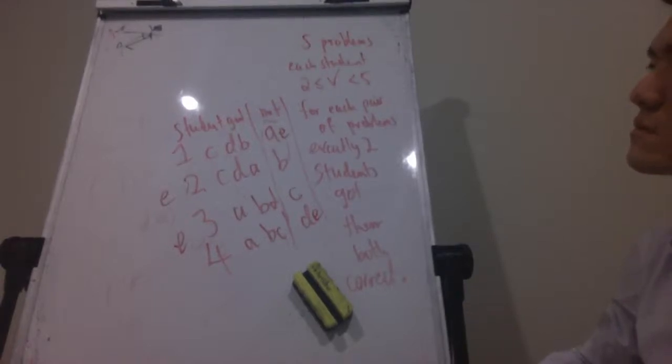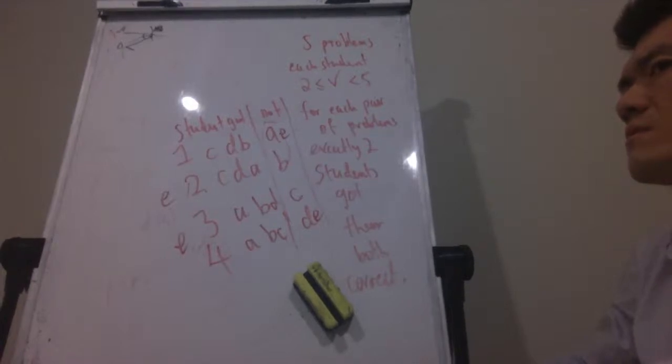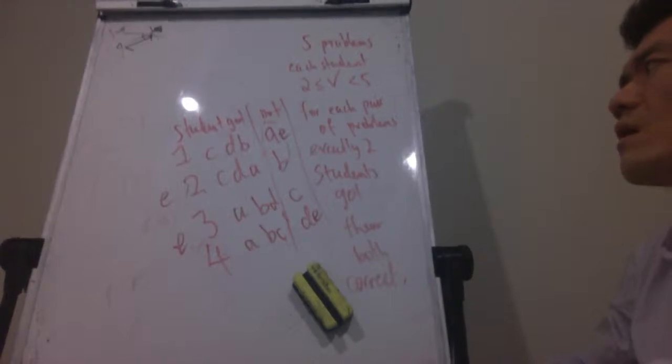If you try that, you realize that if you have 3 students who did 4 problems, together they did 12 problems, and since there are only 5 problems altogether, at least 2 problems got solved in all 3.